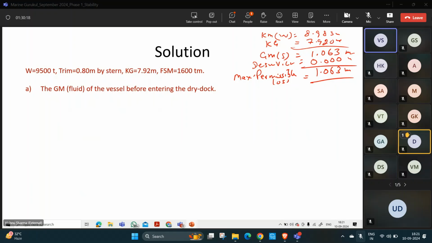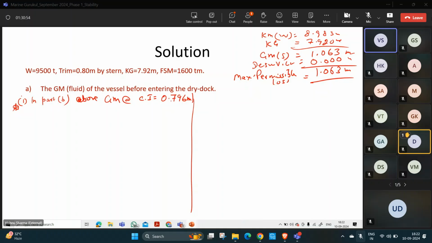Now, somebody may say, in part B of the question, so one approach will be this. In part B above, GM at critical instant was 0.797 or 0.796 meter, whatever you want to write. Am I right? What does it mean?